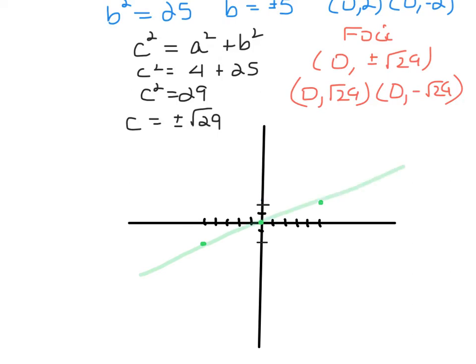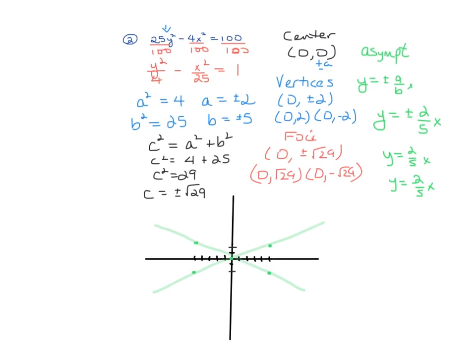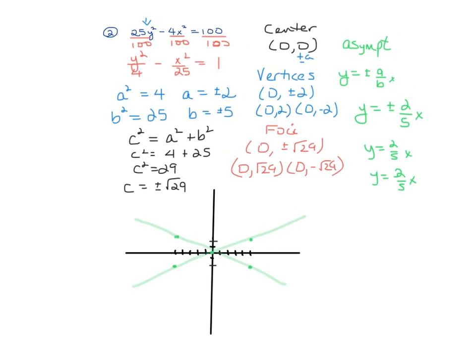Then I'll do the same thing for the -2 over 5x. Instead, I could go down 2 and to the right 5, or up 2 and to the left 5. Either way, I get enough points to create my line. These are the asymptotes.